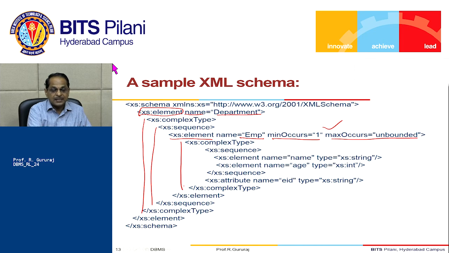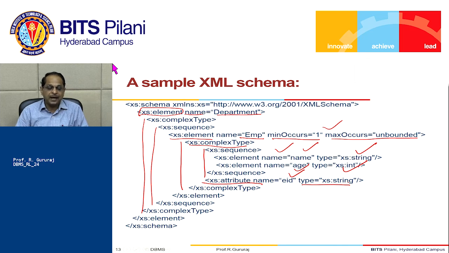So it is a complex type, and what is the sequence of elements? Name, with type string, and then another element named age, which is int. The sequence ends, and there is one attribute called EID. What is the type? It is a string type. That is, as a value for this EID, I pass a string.